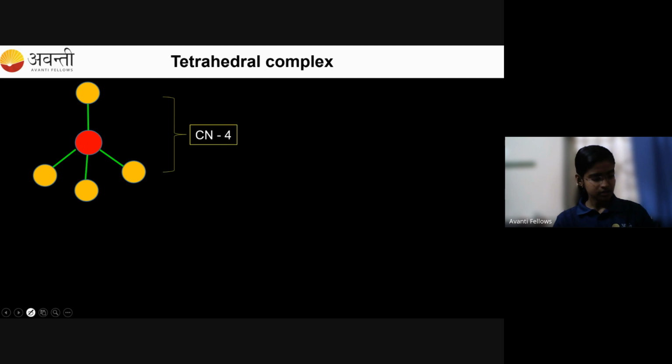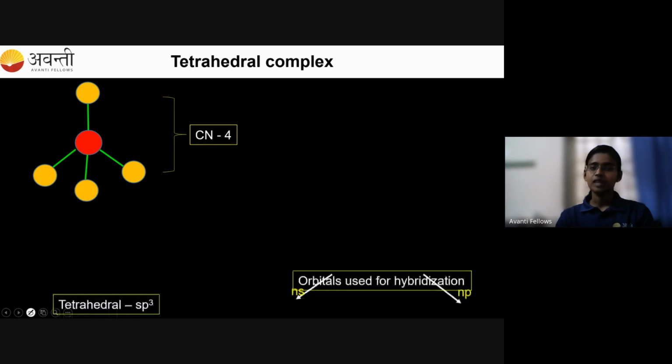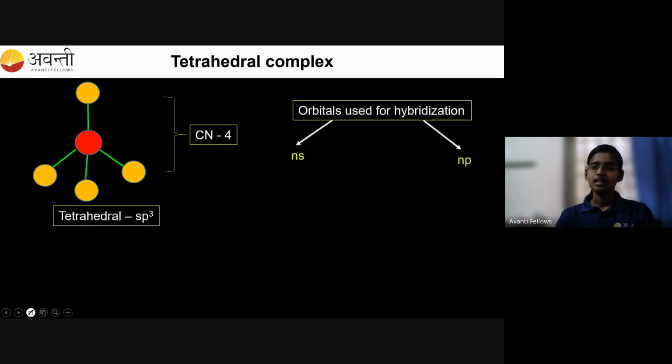So what is the hybridization of the tetrahedral system? Don't maintain this pin drop silence in chemistry class. You can interact. The hybridization of tetrahedral is sp3.